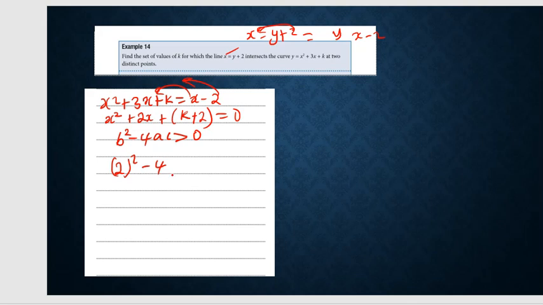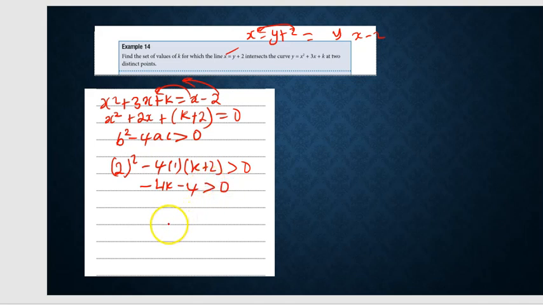It is 4 times 1, multiplied by c, k plus 2. So this must be greater than 0. This becomes negative 4k minus 4, since 2 squared is 4, and this is greater than 0.